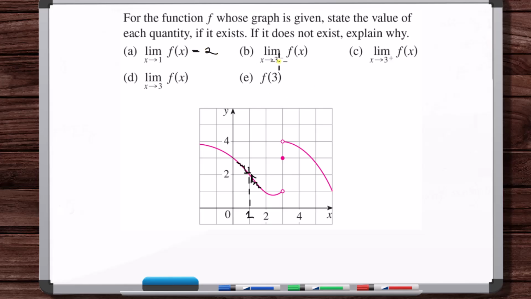What about as x approaches 3 from the left? So here's 3. Coming from the left, we could get as extremely close as we want to 3 on the left side of 3, 2.999, a quintillion nines, and we're going to be getting closer and closer to, we can see, 1.